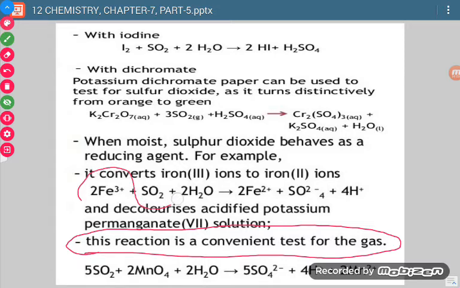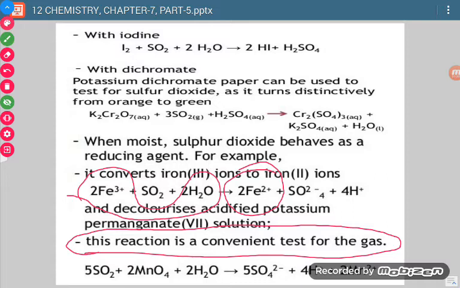We will take an aqueous solution of ferric ion and pass sulfur dioxide. In case it changes to ferrous ion, then there will be a change in color. So if there is a change in color, we will say that this particular gas was present.